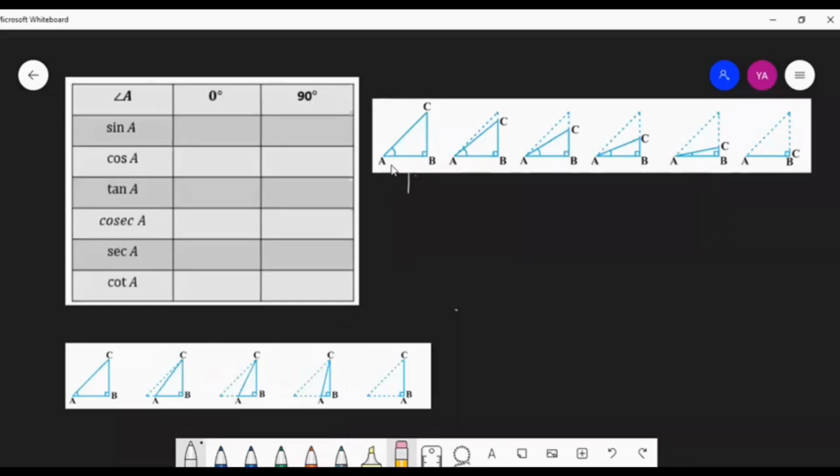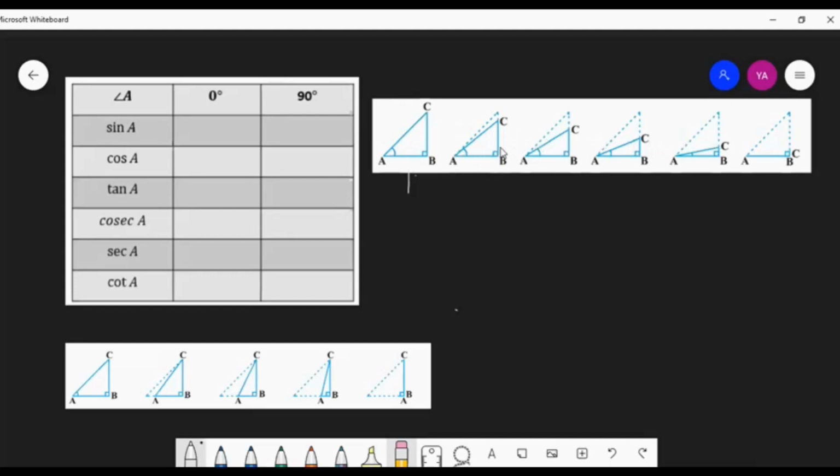In the first triangle, right triangle ABC, and for coming to the next one, what we do is decrease the side length opposite to angle A, step by step.